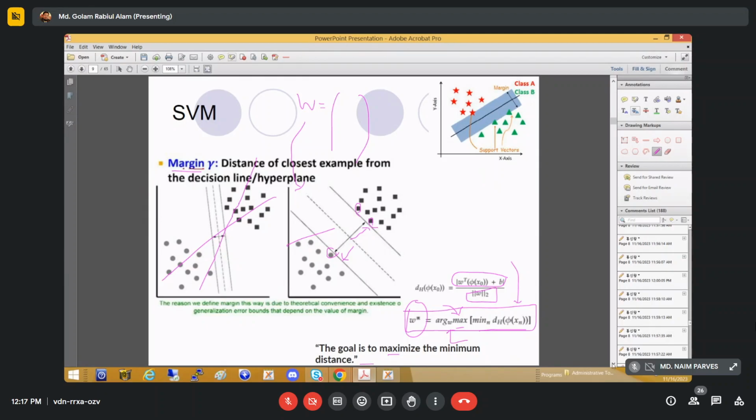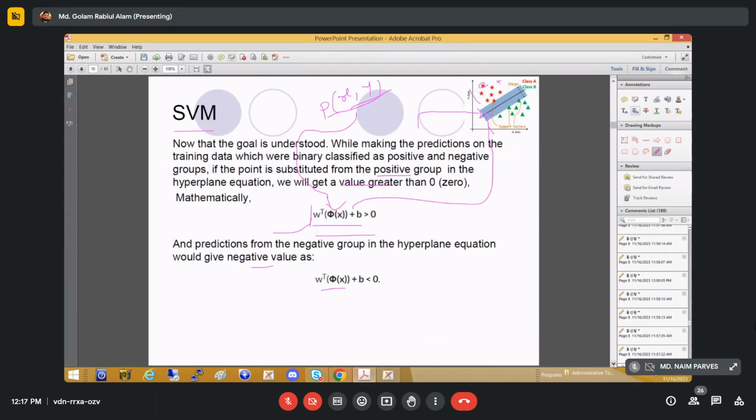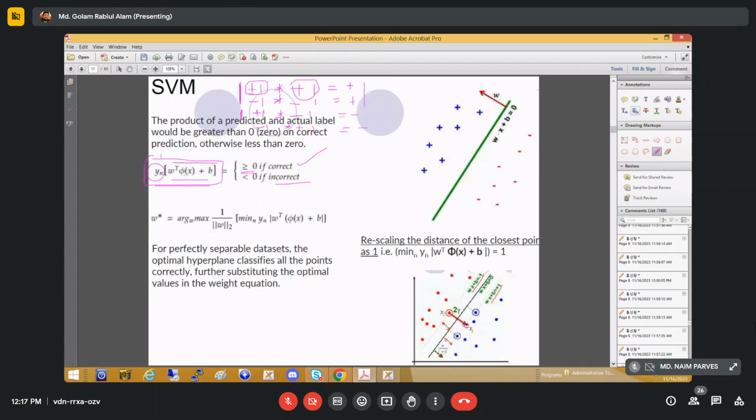Now we have to multiply this part by yn, and instead of just the distance, here it is W transpose x plus b divided by the norm of W. So for finding the optimal values of W, we have to consider this.